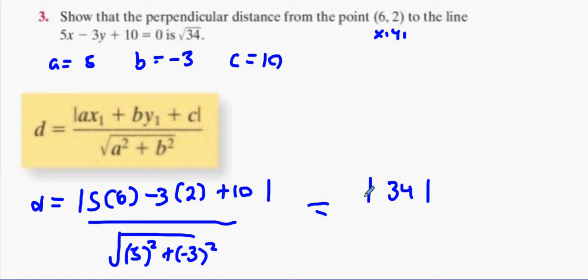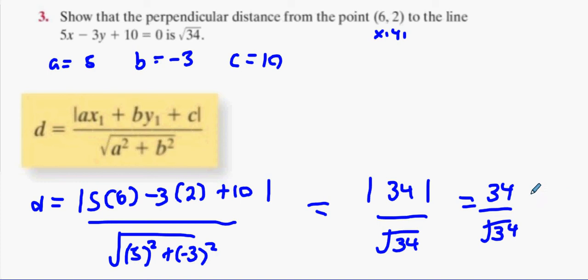What do those two vertical lines mean? It has to be positive. And the bottom is the square root of 34. So what's 34 divided by root 34? The answer is root 34.